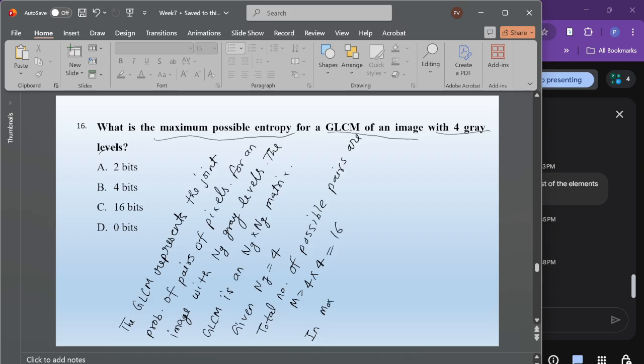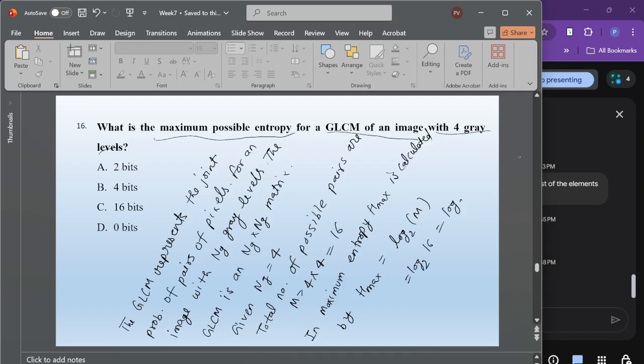The maximum entropy, let's say H max, is calculated by log 2 of M. So log 2 of 16.